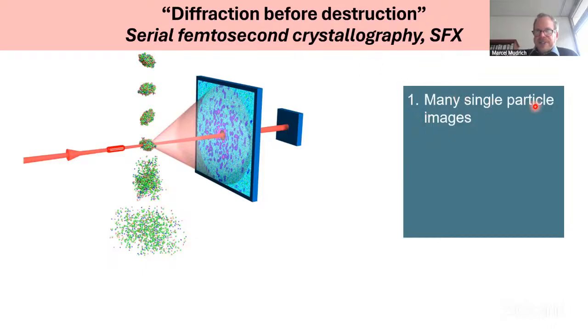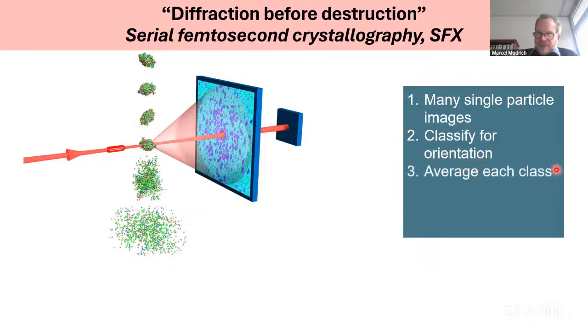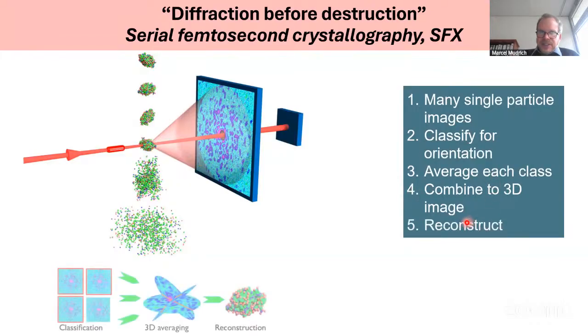Of course, it requires many single particle images, and requires classification methods, for example for classifying according to the orientations. Then one can average over one class for one specific orientation and then combine all this information for the different orientations, and in this way reconstruct the full three-dimensional structure.